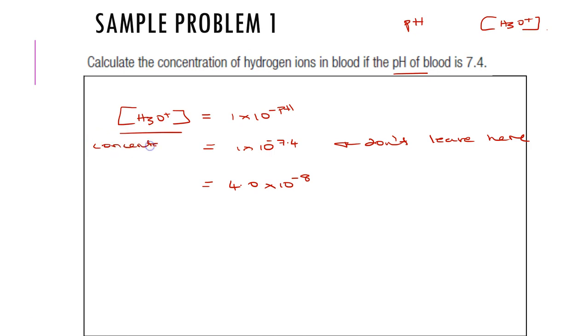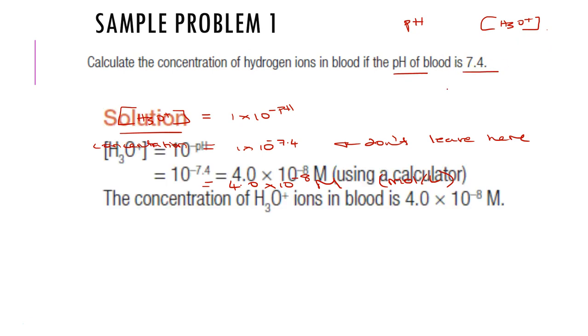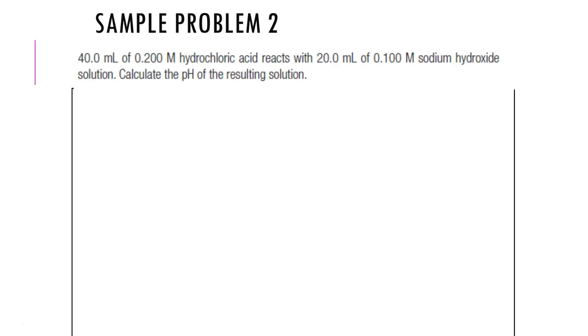It is a molar concentration. So our unit for concentration is going to be molar, or moles per liter. Okay, so that is our first example of how we can calculate hydronium concentration given the pH. And that's just it typed out.